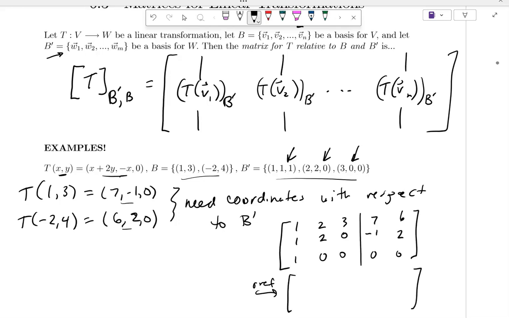I bet I know what the first part's going to look like. By the way, you should know what the last one's going to be. If I want a linear combination of these 3 vectors that gives me either of those 2 things, can I use this first vector at all?